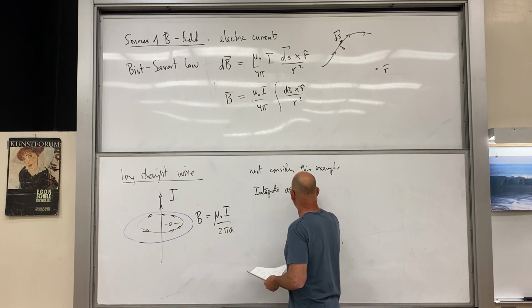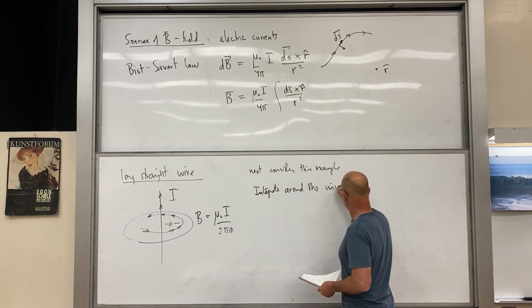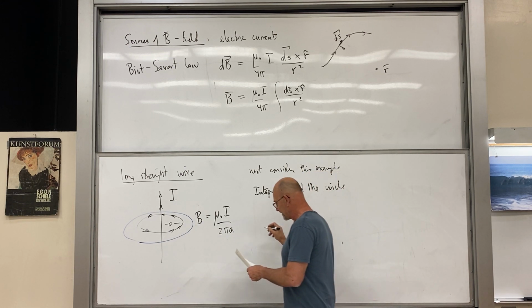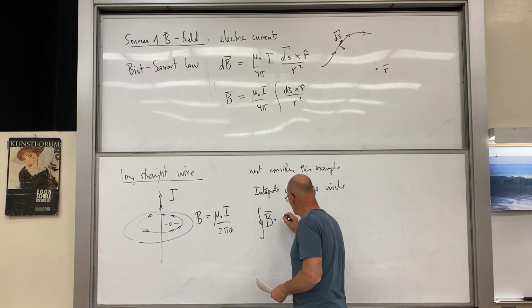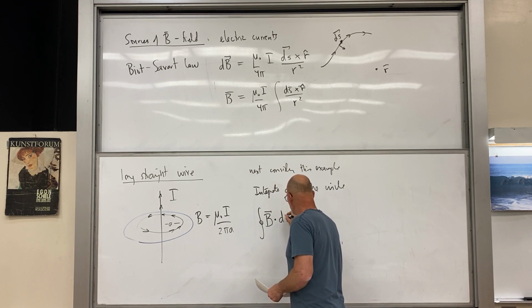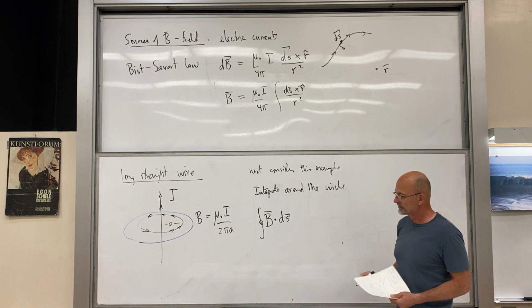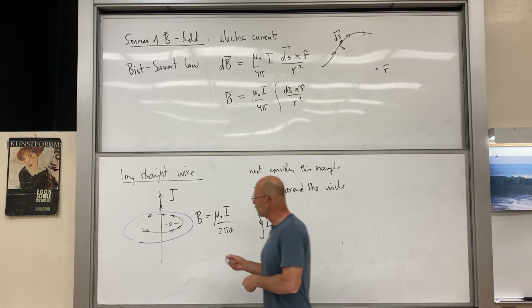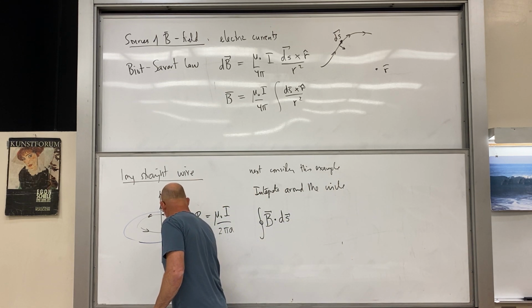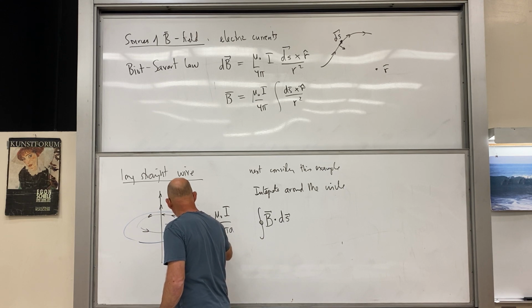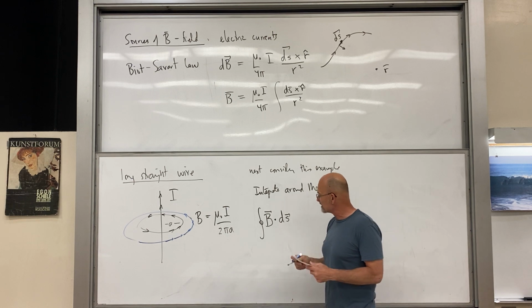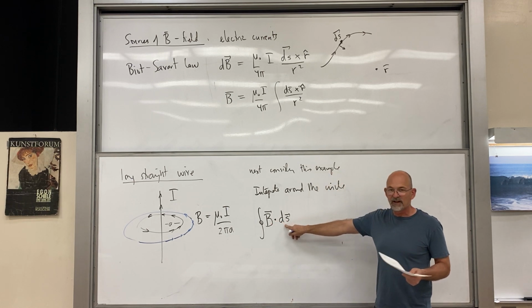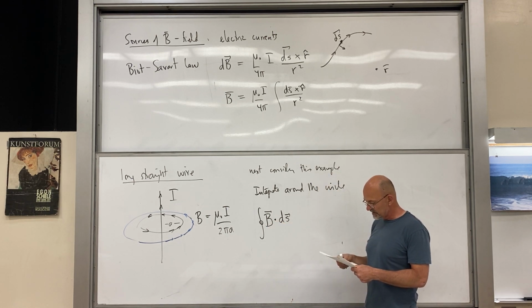Integrate around the circle. And what we're getting then is the line integral of the field dotted into this length element. I chose this blue one, just integrating around. And of course, in this very simple case, our B and our ds are parallel to each other, so that's just going to be a trivial integral.